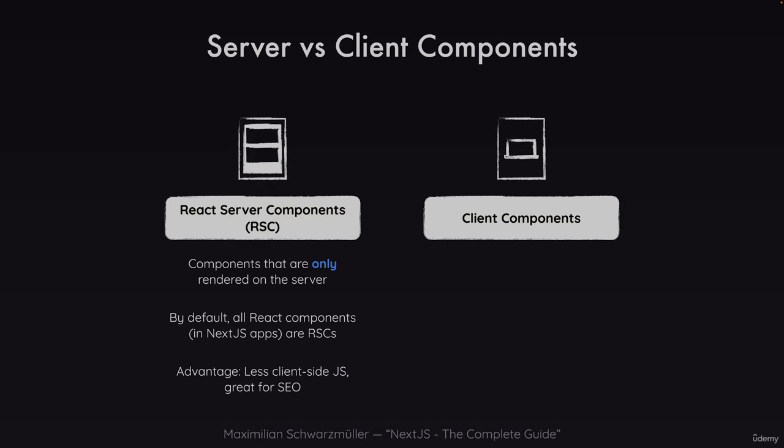Nonetheless, in Next.js projects, you can still also build client components. And that would be components that are still technically pre-rendered on the server, but then also potentially rendered on the client. And most importantly, these are components that must be rendered on the client because they contain some code or use some features that are only available on the client.